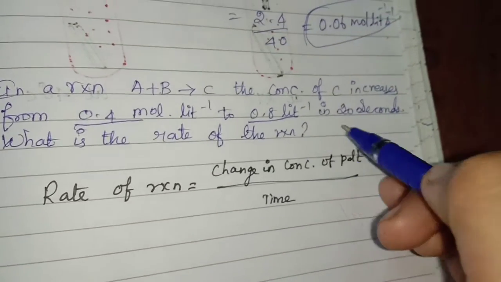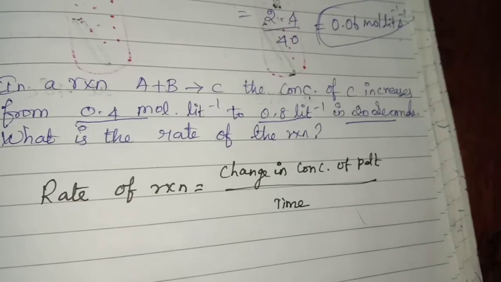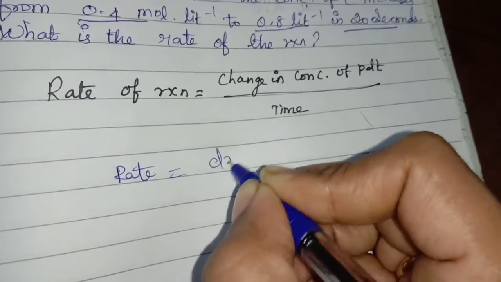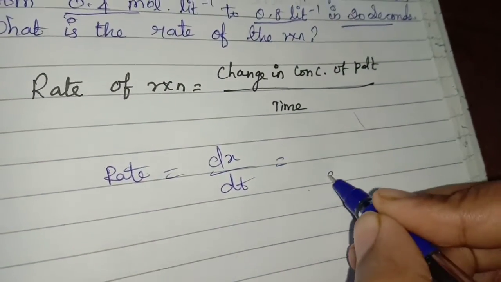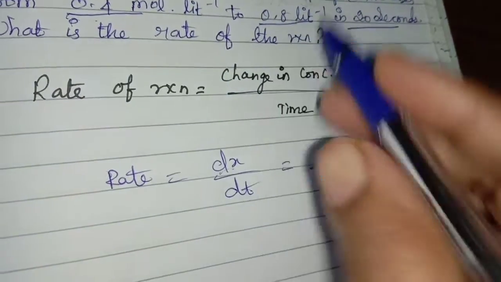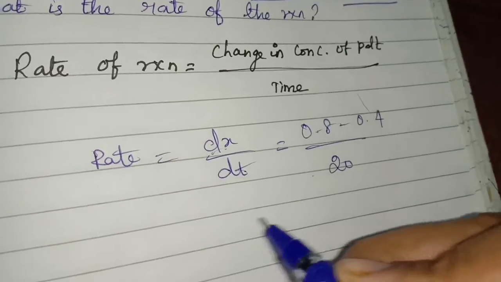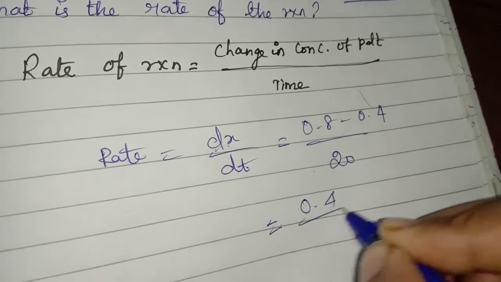As usual, we have to calculate through the formula. Rate is equal to dx divided by dt. Here, what is the time? 20 seconds. dx, the change in mole, is 0.4 to 0.8. So 0.8 minus 0.4 is 0.4, divided by 20.